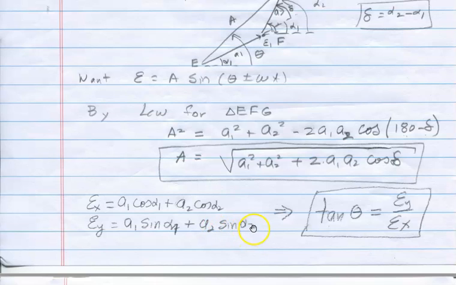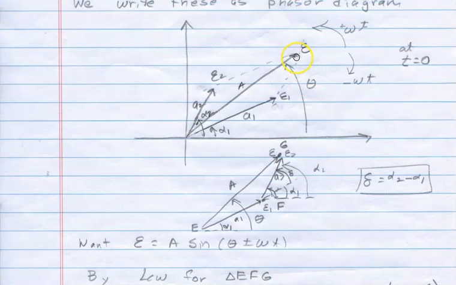And again, we know, we've been given, or we know for any given waves, their amplitude and their phase factors, alpha 1 and alpha 2. And so we can get EX and EY, and that's really just the components of this big E vector. Its X component, and then projecting over here, its Y component.